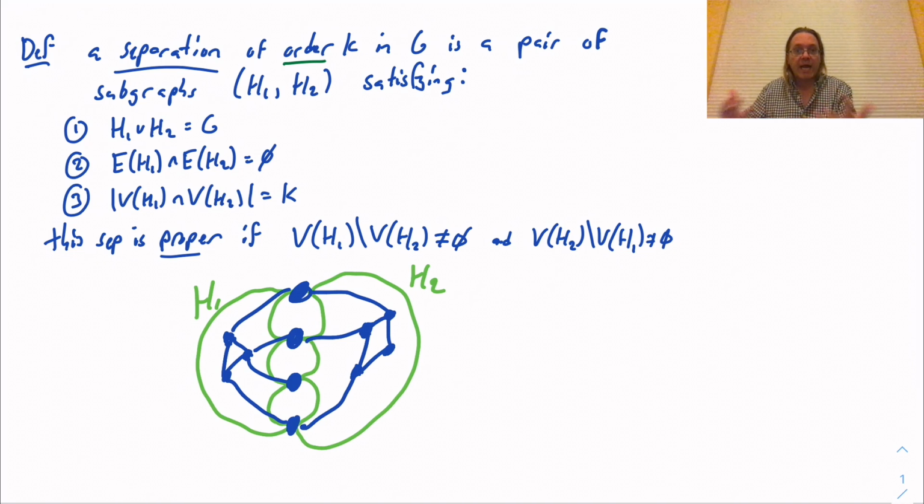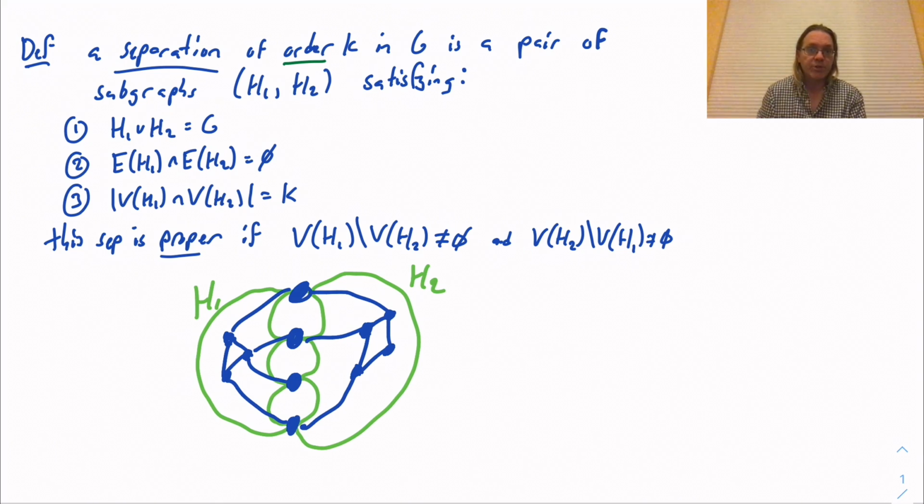Now, when we go to actually formalize this, we introduce this notion of a separation. So the separation is going to be given by this pair of subgraphs, H1 and H2, and that's the bag on the left and the bag on the right. And the rules are that the union of those two should be the whole graph. You're not allowed to have an edge in both. So any edge has to be either in the left bag or in the right bag.